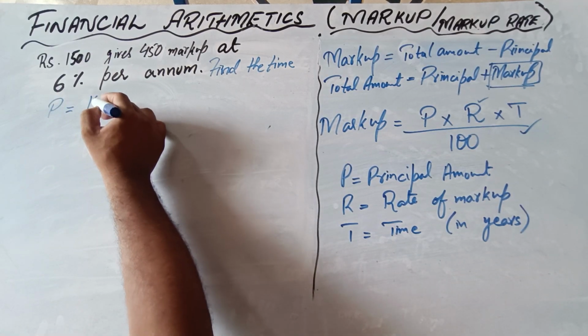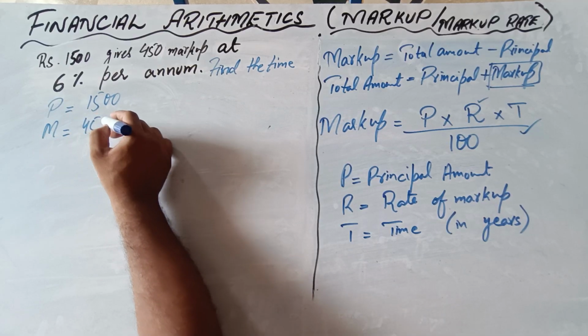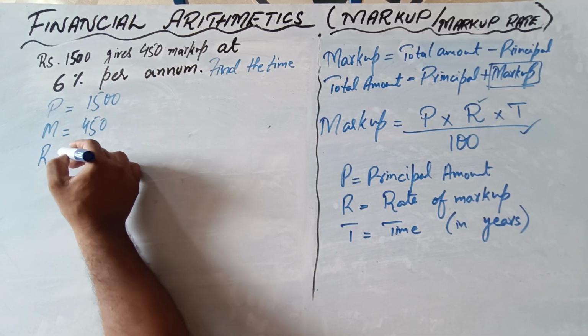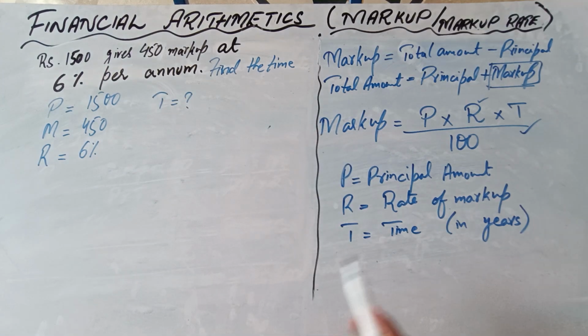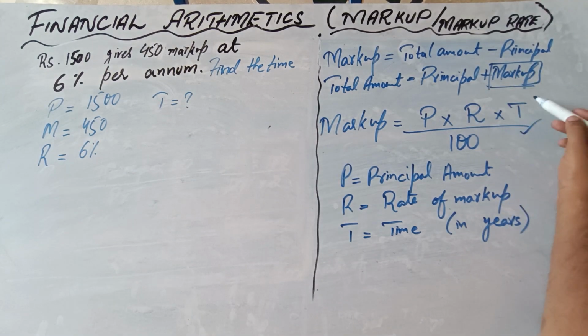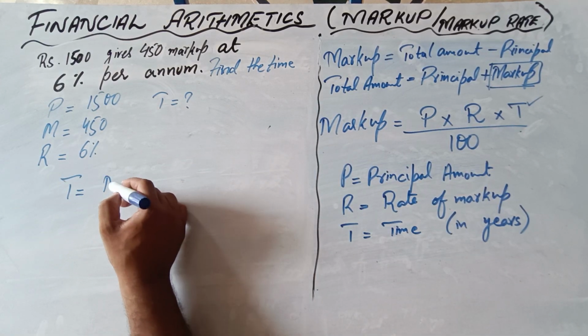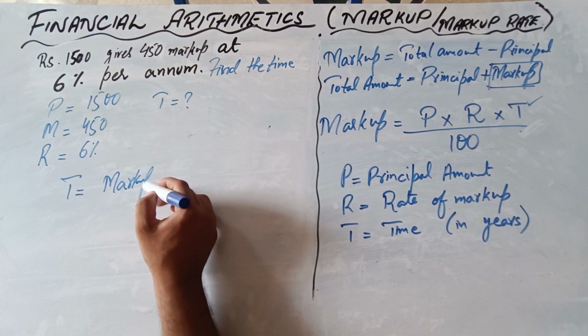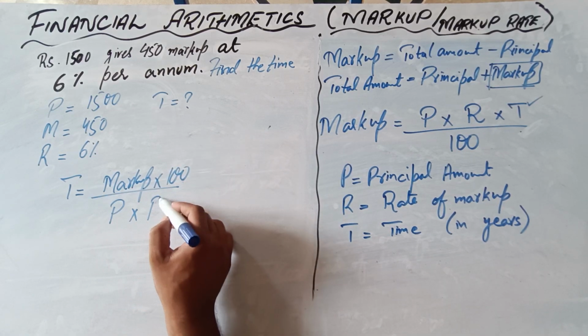So principal amount is rupees 1500, markup is rupees 450, rate percent is 6%, and we need to find out time. So now we need to make T the subject of the equation. T is equal to markup multiplied by 100 divided by P multiplied by R.